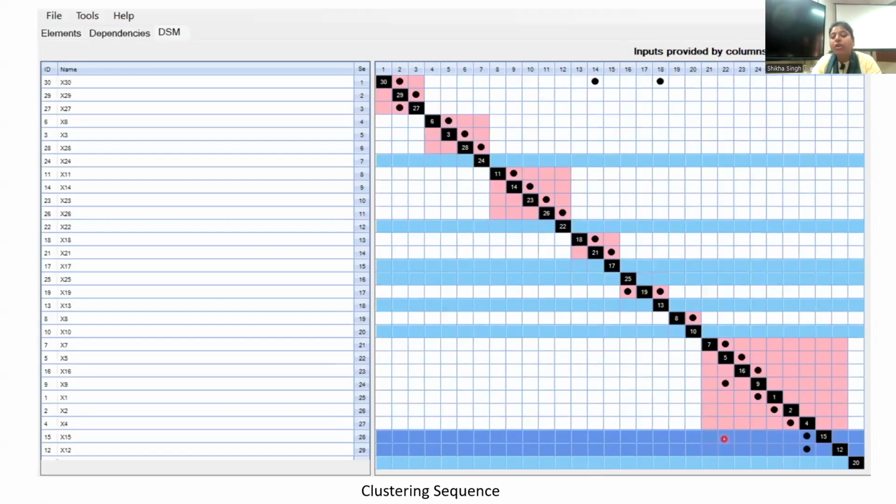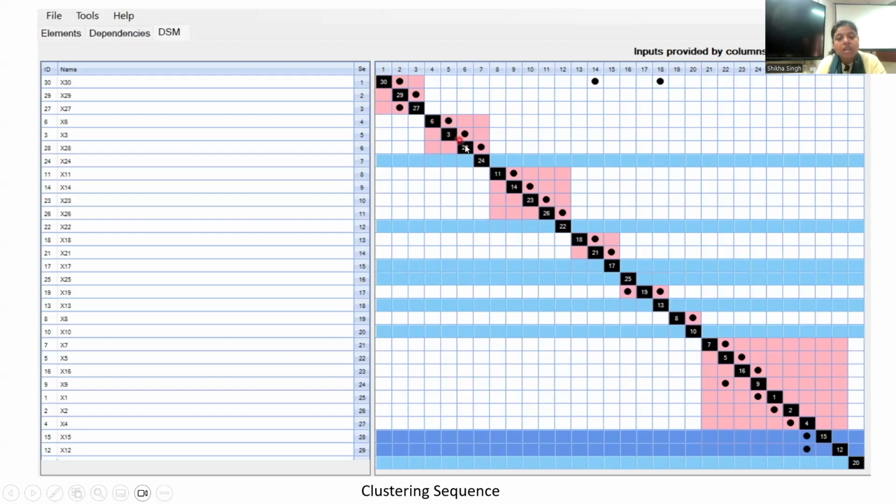Then you see how beautifully the clusters are coming up here. In the clustering sequence, you see the different pink squares revealing themselves. These pink squares show that activities 30, 29 and 27 should be working closely with each other.